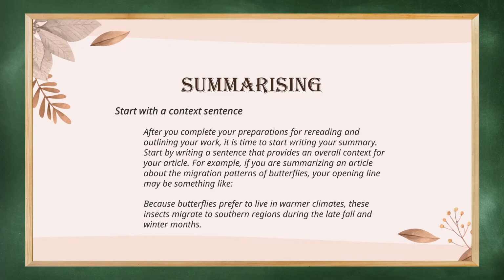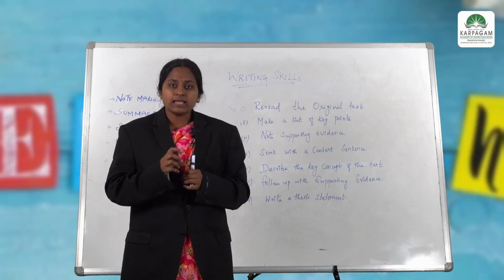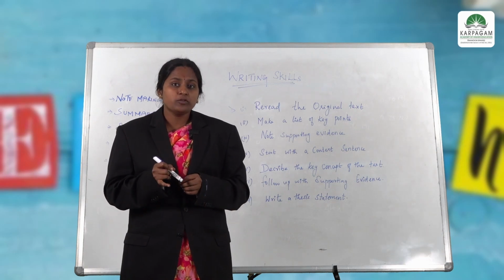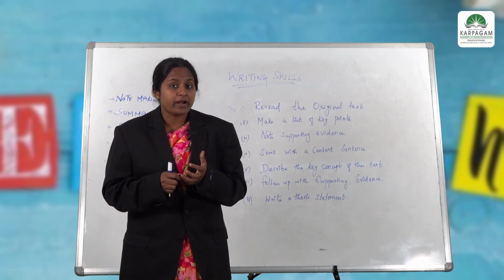And then the fourth one is to start with the context sentence. Context means your own context, which should be made efficiently, proficiently and confidently into a strong line. So if you are starting a summary, your own context should be in a bright manner.